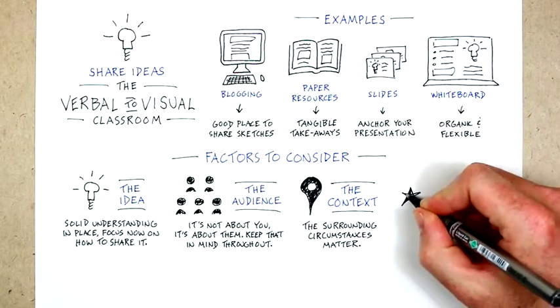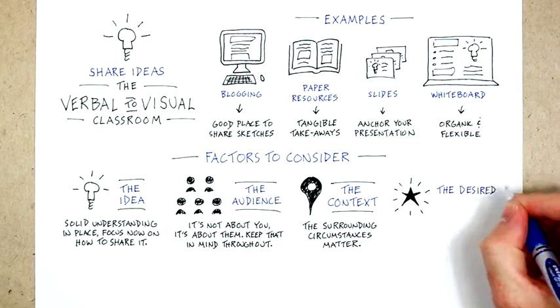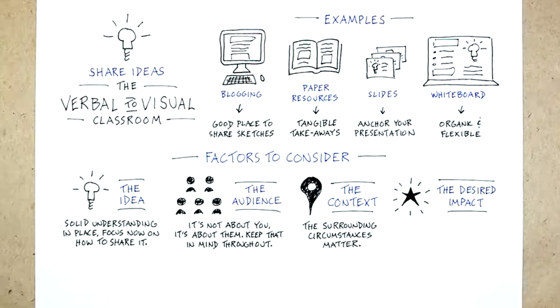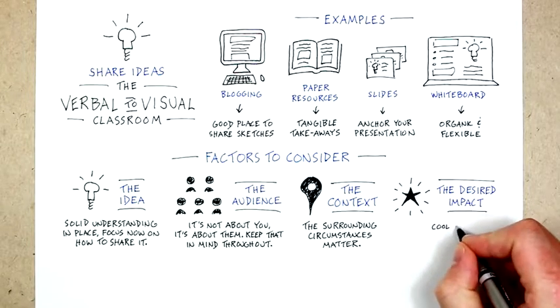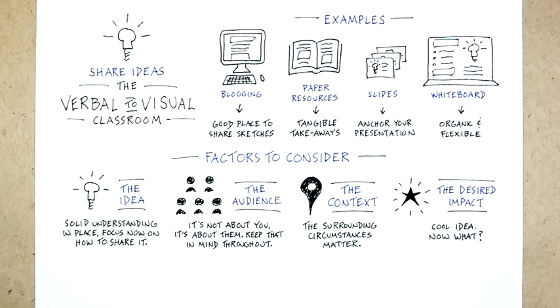And finally, what might be the most important thing to consider is the desired impact that you would like to have on that audience. What impact do you want this experience to have on their lives? What do you want them to do now that they have seen and understand your ideas? When you know what impact you want your ideas to have on an audience, it makes it much easier to craft a presentation that delivers that impact.